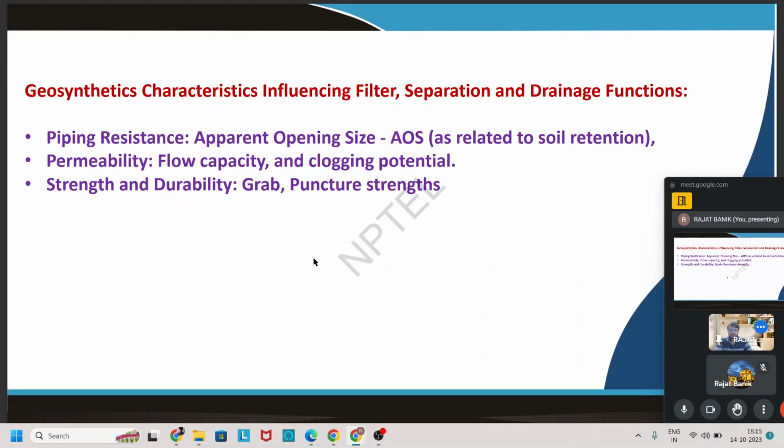Then we discuss other types of functions of the geosynthetic material.